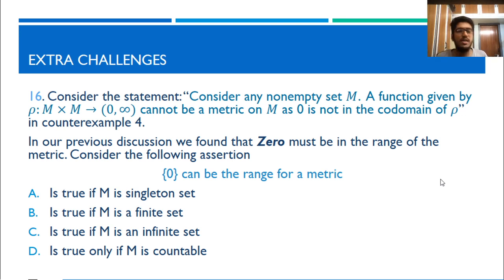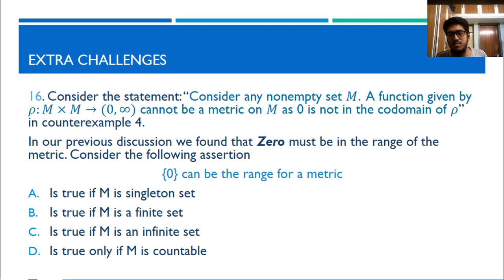So I have made an assertion here, Bijal, that singleton 0 can be the range of a metric. And then I have asked in which of these four options: A, M is singleton; B, M is finite; C, M is infinite; D, only if M is countable. Which of these options are correct?